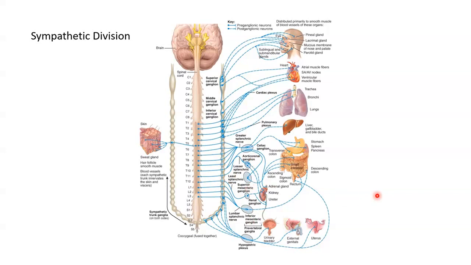This pattern of projection is called divergence, and it helps explain why many of our sympathetic responses can affect almost the entire body simultaneously. As an example, when you get really nervous, perhaps you have a big presentation or you're about to give your first lecture and you just feel sick a bit everywhere, it's because your sympathetic division of the autonomic nervous system is most active. And because of this pattern of divergence, it can affect lots of different effectors within our body.